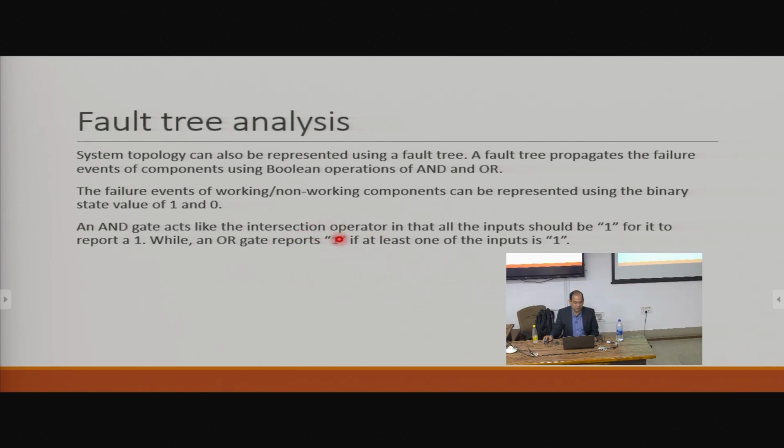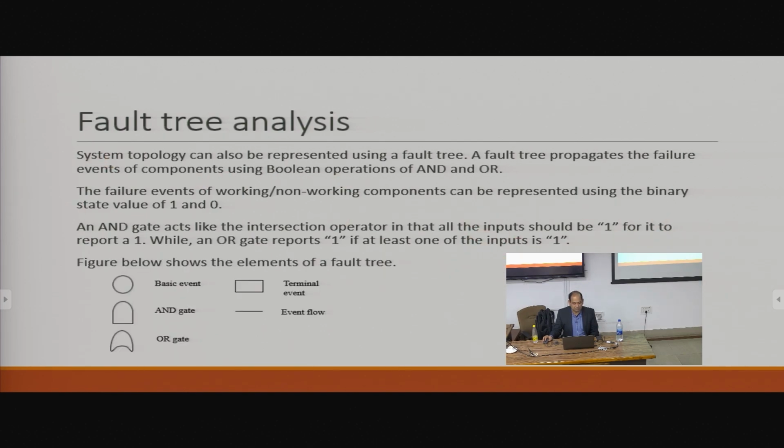Okay, so now you see where the parallel and series will be represented here. Okay, so just standard elements of a fault tree. You have a basic event, you have an AND gate, you have an OR gate, you have a terminal event, and your lines show the flow of events.